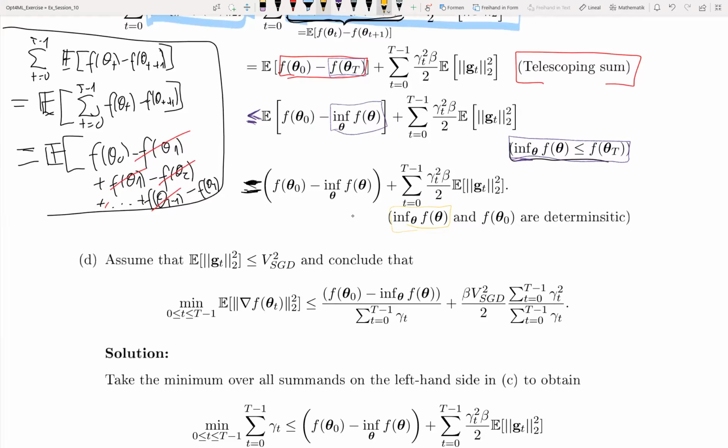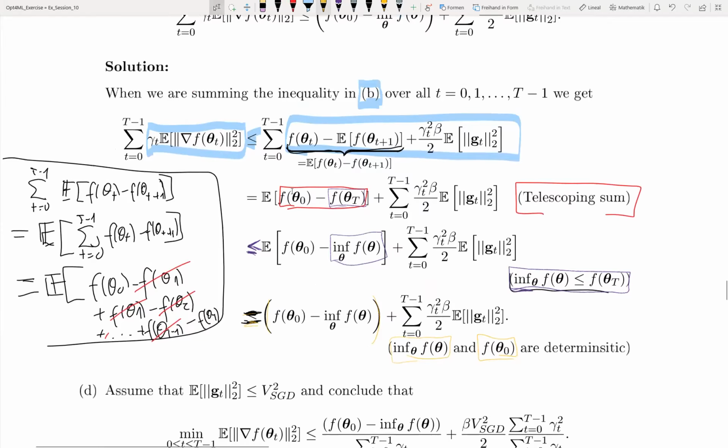Your objective value is a deterministic function, so the infimum is a real valued number somewhere. And unless, of course, we sample the first iteration in a stochastic way, but let's assume for simplicity we don't do this, then this is also a fixed value. So we get here this one, and this is our claim we wanted to show.